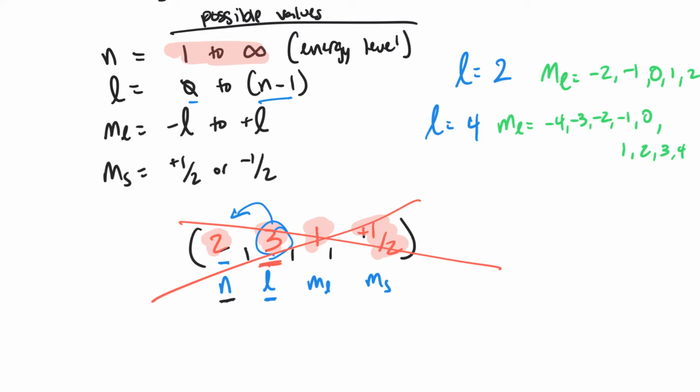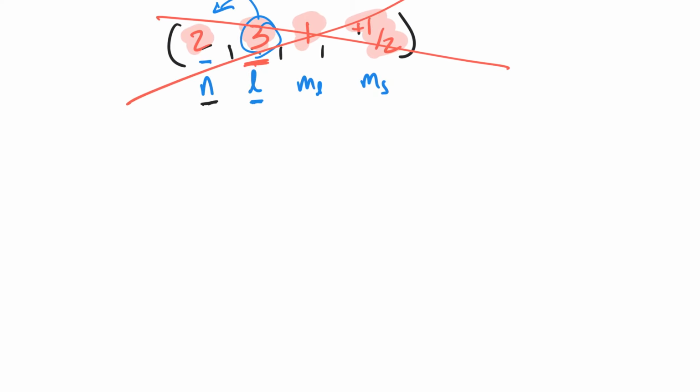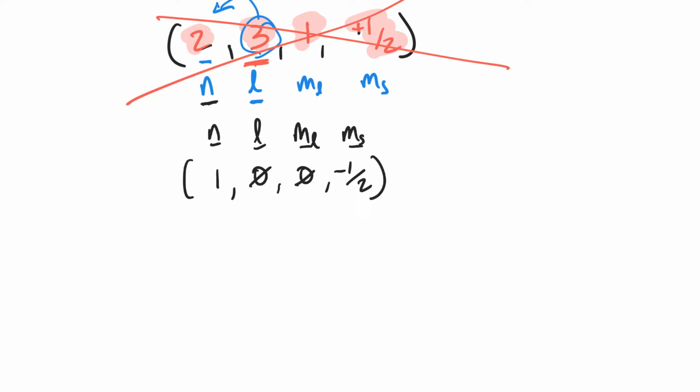All right. Let's look through another example. Let's say we have 1, 0, 0, negative 1/2. Let's see if this works out. Once again, this is N, this is L, this is M sub L, and this is M sub S. The value of N could be anywhere from 1 through infinity, so that works.